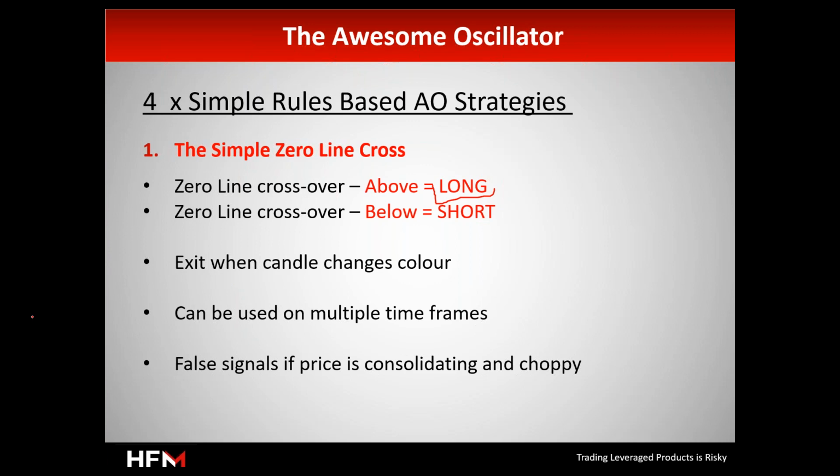If the Awesome Oscillator crosses below the zero line, this signals bearish momentum, and that implies a potential short position. But keep in mind that this can easily change. The Awesome Oscillator aims to detect whether a trend is continuing or starting to reverse.